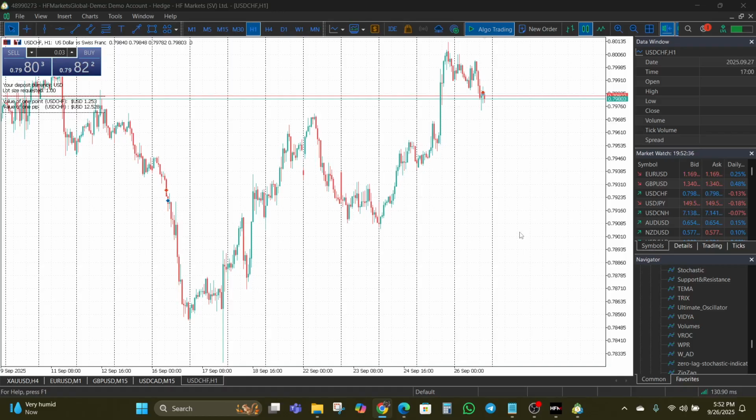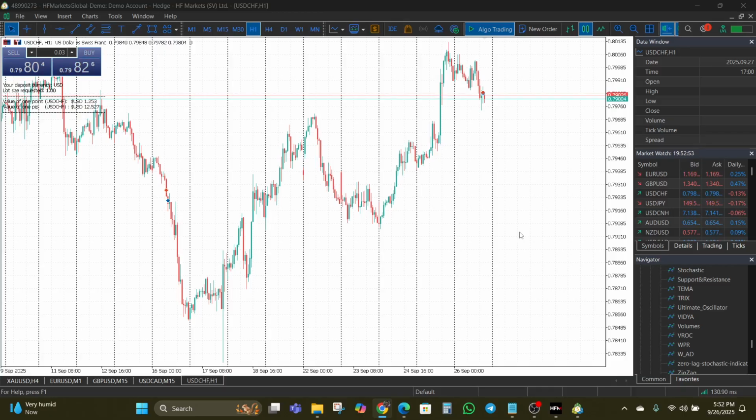Now, depth of market, or DOM, is a tool that shows all active buy and sell orders for a particular asset at different price levels.